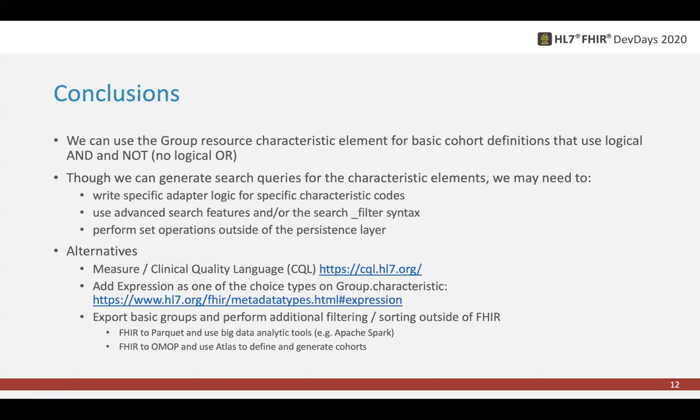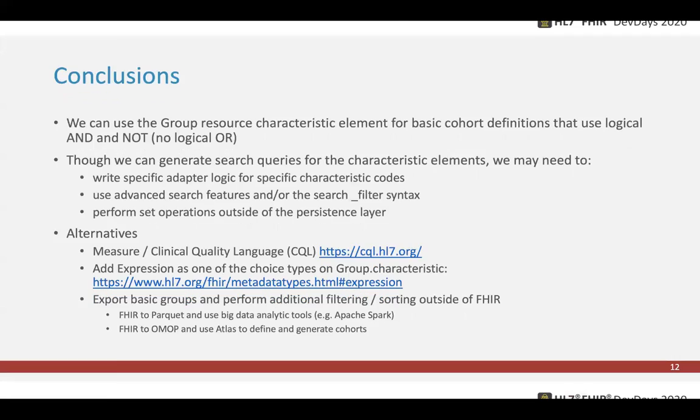So we could convert FHIR to Parquet and then use tools like Apache Spark to define and generate our cohorts. Or we could do something that we've created a prototype for, which is to take FHIR and convert it to OMOP, and then use tooling like Atlas to define and generate cohorts.